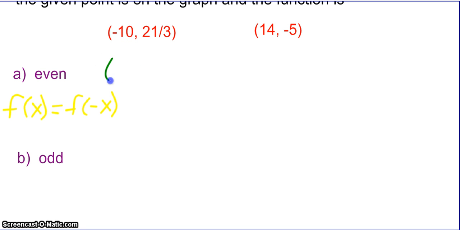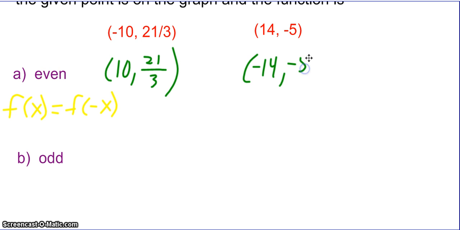So this point has to also be on this function if it is even. So the point 10, 21/3. I also know here negative 14, negative 5 has to be on that function.